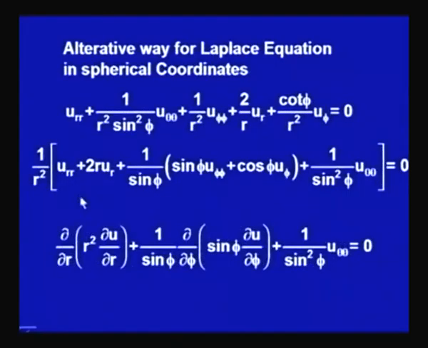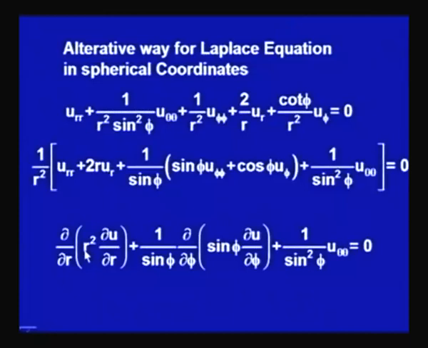So, let us take the first two terms. If I take the function r square times del u over del r, u r meaning del u over del r, and differentiate it with respect to r using the product rule, I would get r square times u r r. Here actually I had forgotten r square, so r square has to be here.